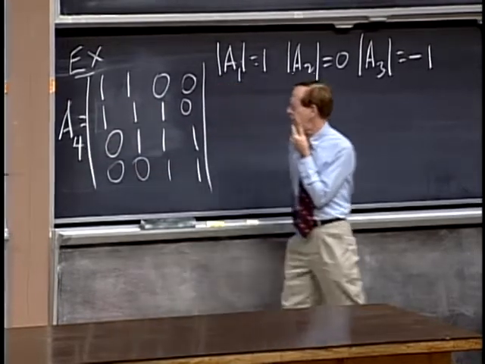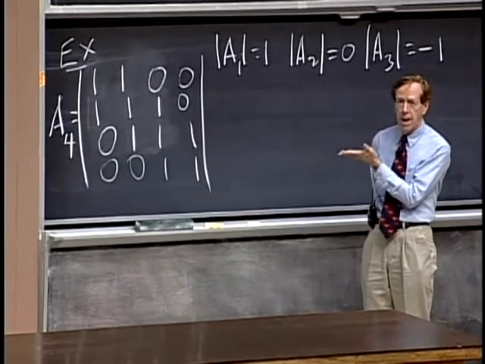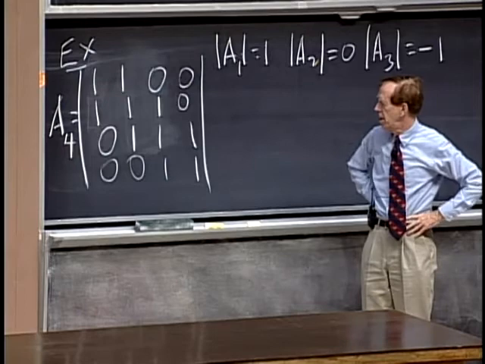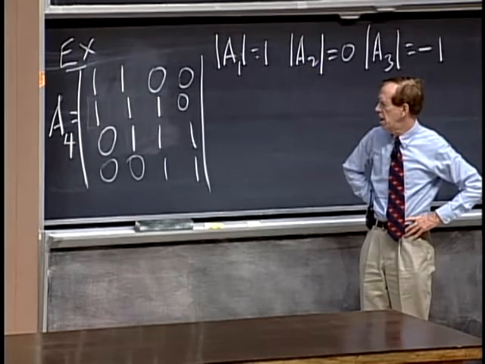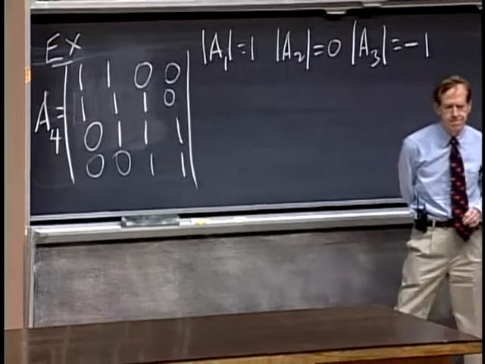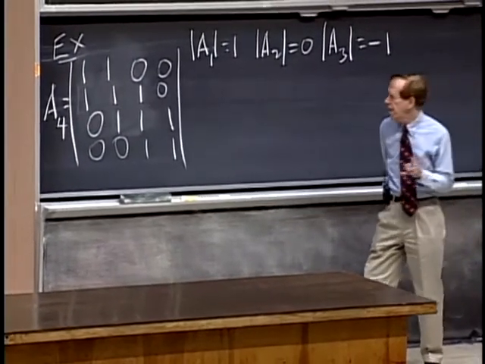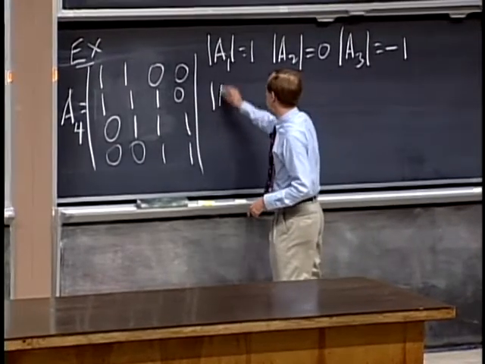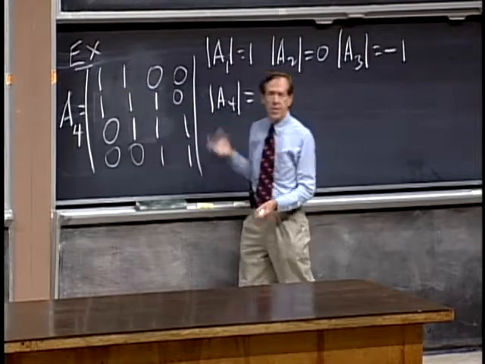OK, now I'm ready for 4 by 4. This 4 by 4, what's the determinant? I plan to use cofactors. OK, let's use cofactors of the first row.